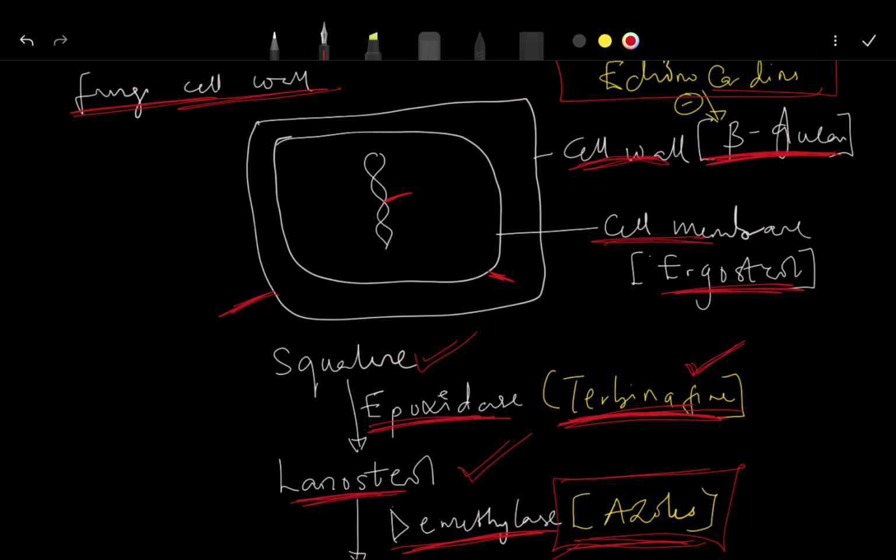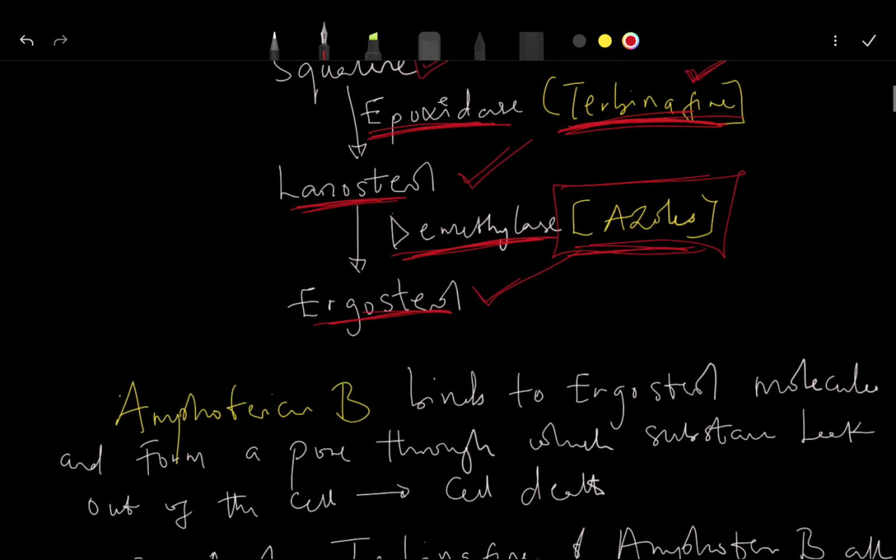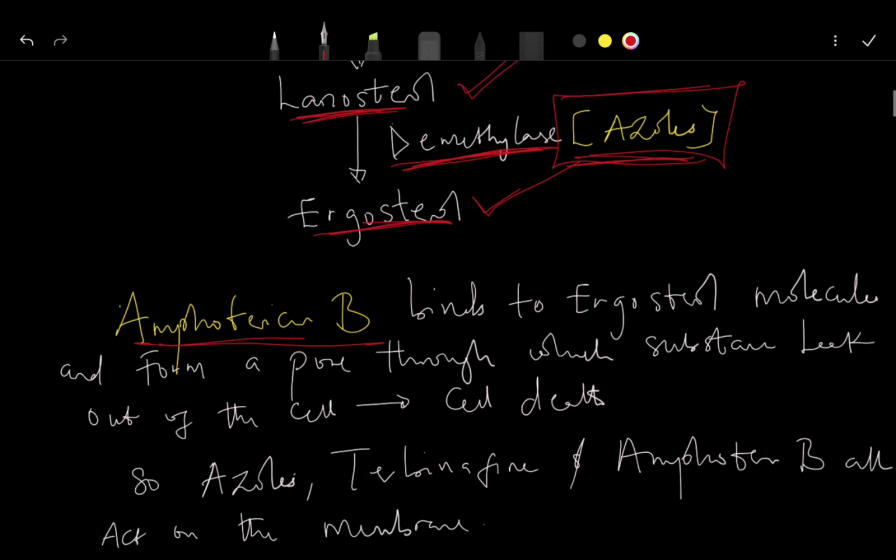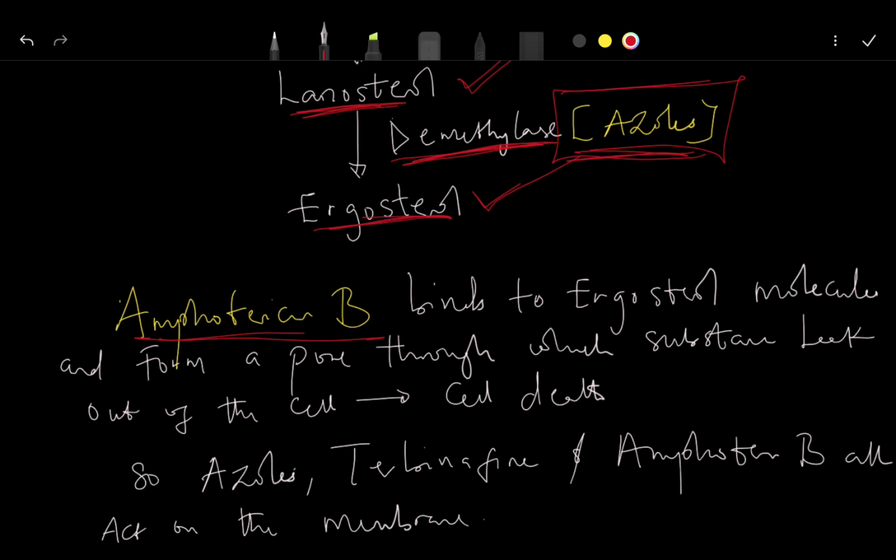Another drug that also acts on the cell membrane but does not work on this pathway is called amphotericin B. Amphotericin B binds directly to the already formed ergosterol and forms pores on the membrane, such that these pores lead to the leaking out of substances from the cell, and that leads to cell death.